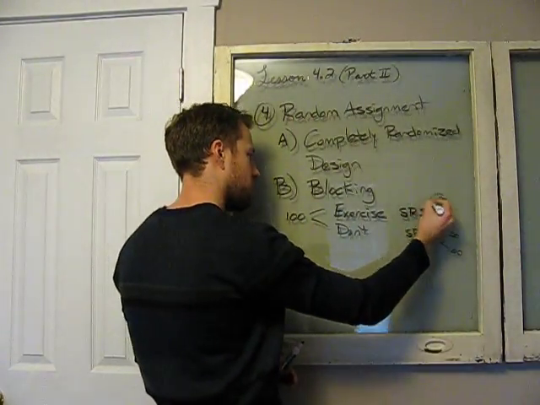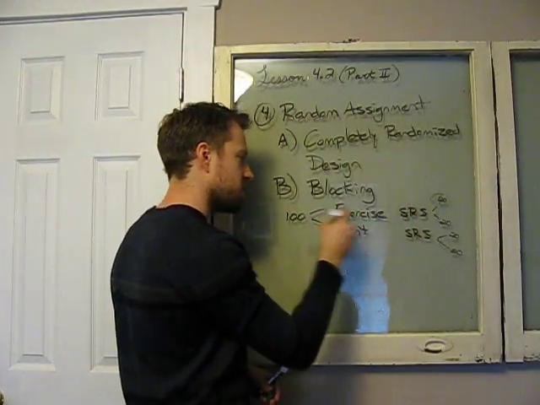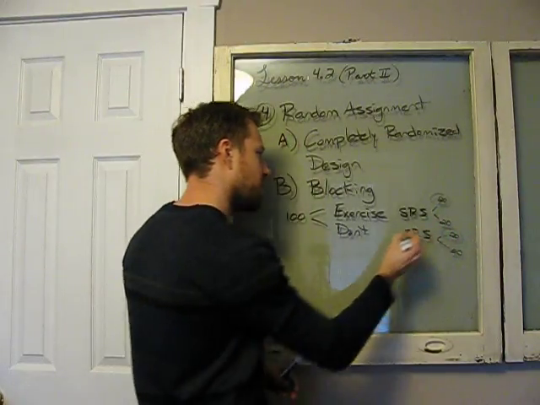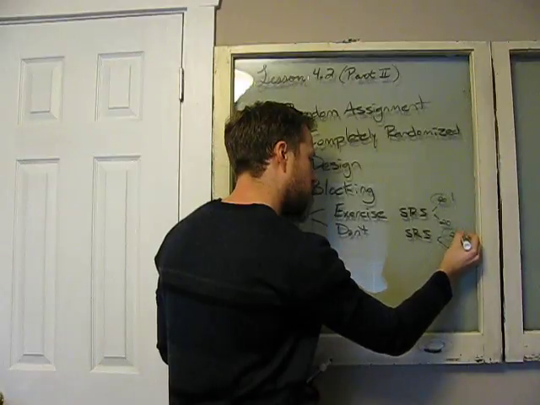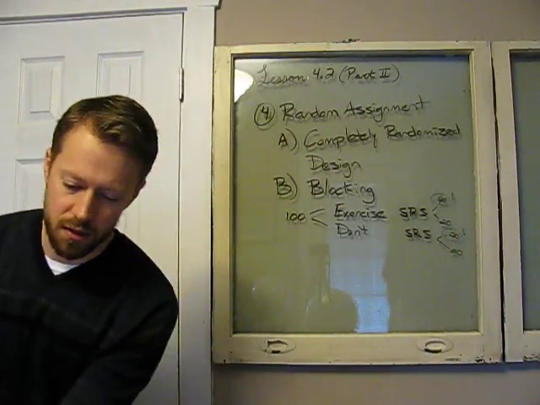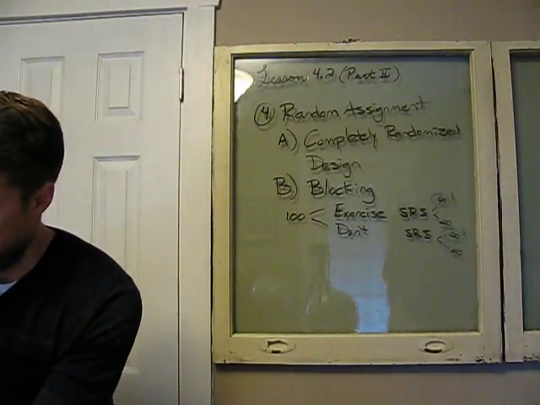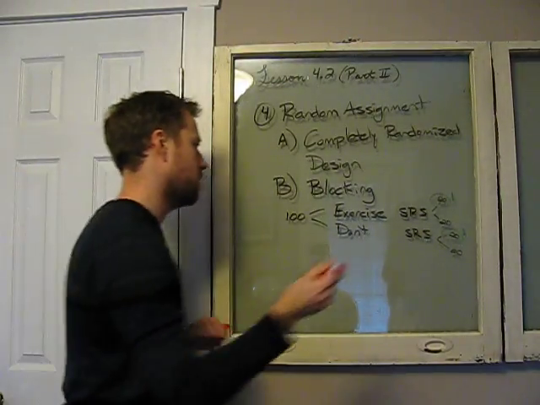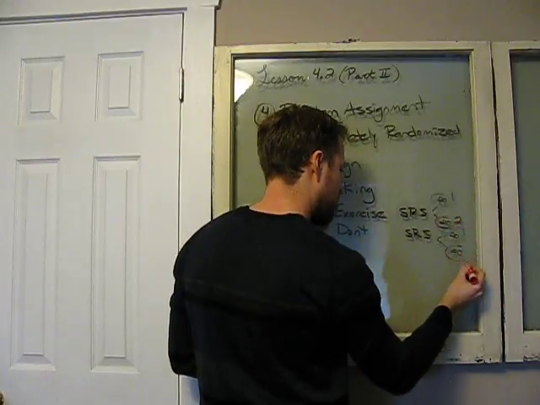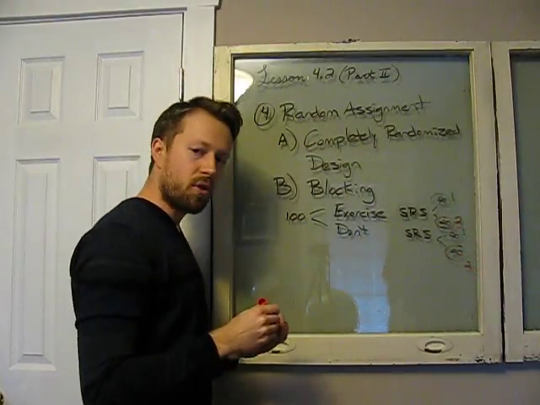These 20 teachers who exercise and these 20 teachers who don't will end up being in group 1. However, the 20 who exercise here and the 20 who don't here end up in group 2.